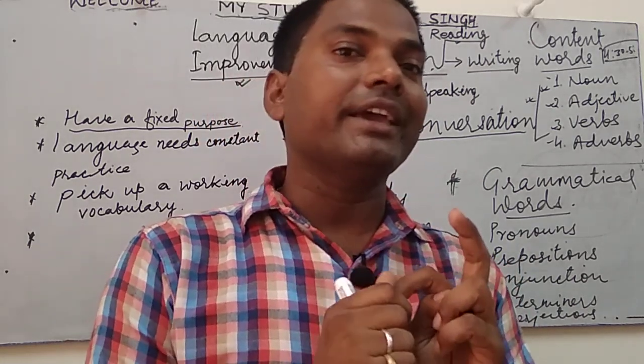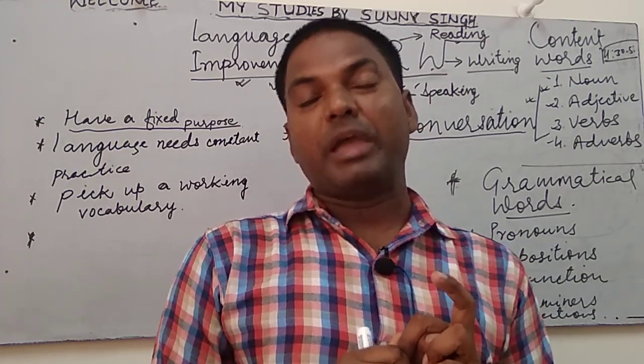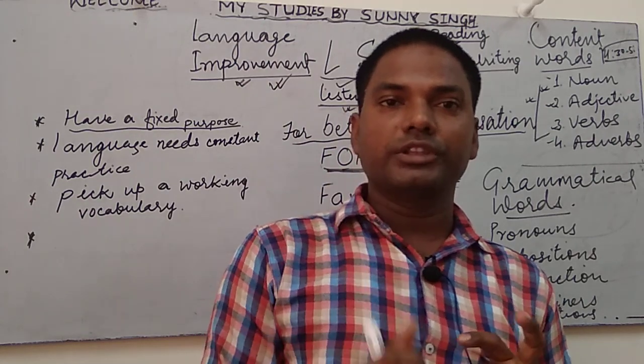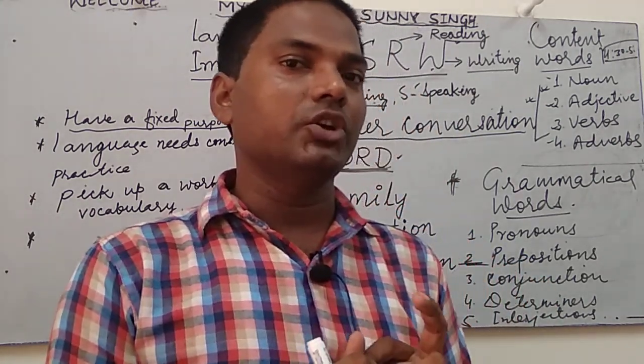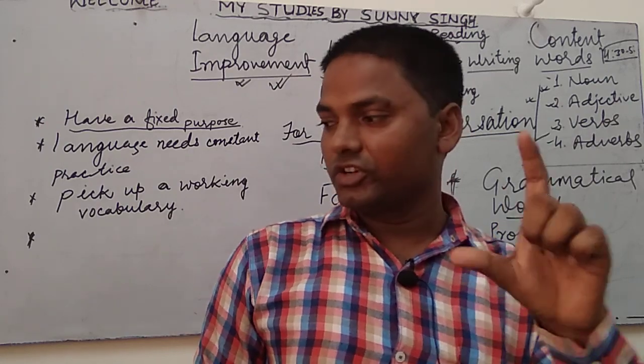The first thing is a dictionary. पहला थिंग आपको डिक्शनरी यूज करनी है. Use the dictionary. Maybe you may use the dictionary which comes on mobile nowadays. You may use the traditional dictionaries.